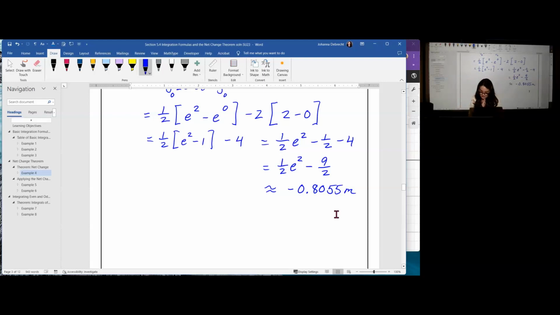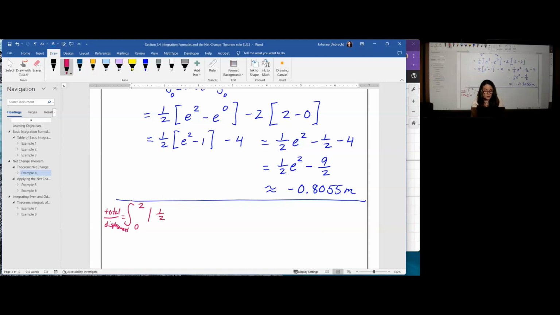When we're looking at this part, we need to take the absolute value of the velocity function. We are again integrating from 0 to 2, but we're looking for total displacement. And because we're looking for total, we take the absolute value of 1/2 e^t minus 2 dt.